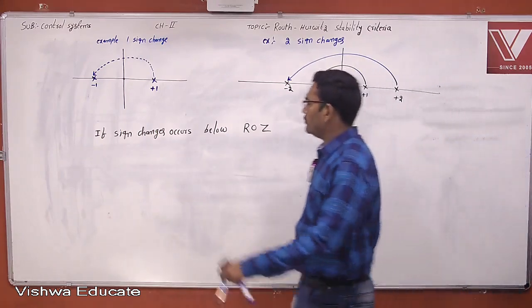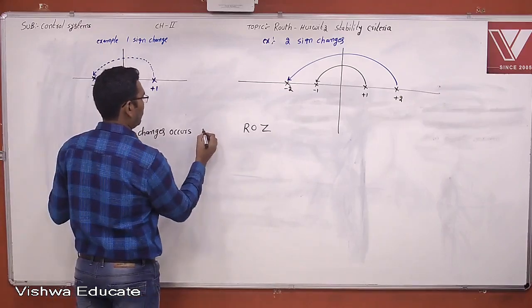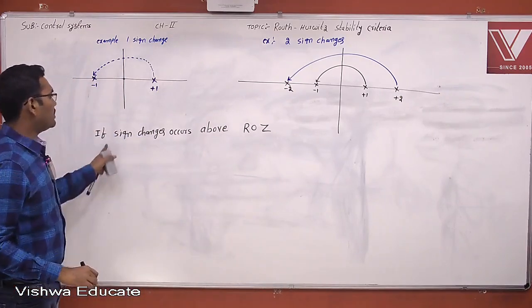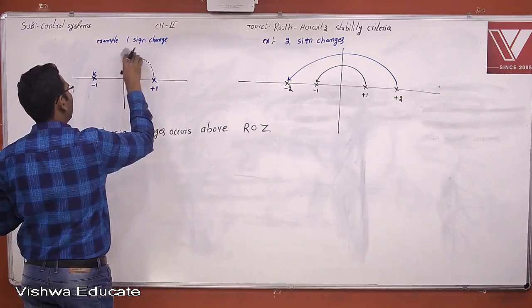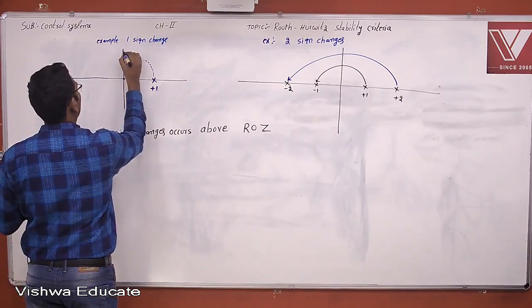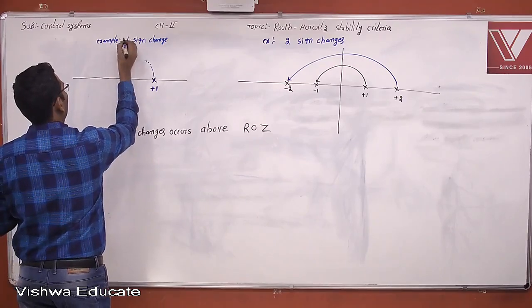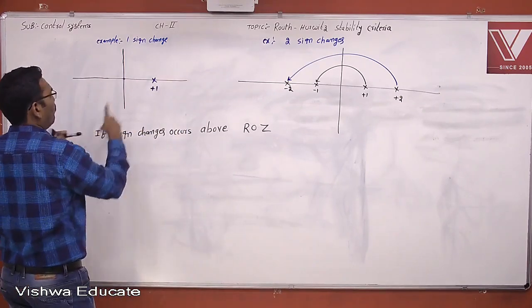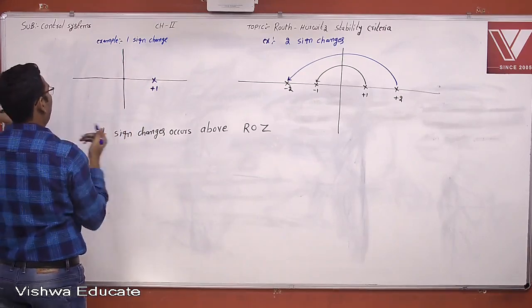Okay, now the same question I am asking: if sign changes occur above ROZ, for example one sign change, therefore one pole is on the right hand side, then there is no symmetrical pole on the left hand side.